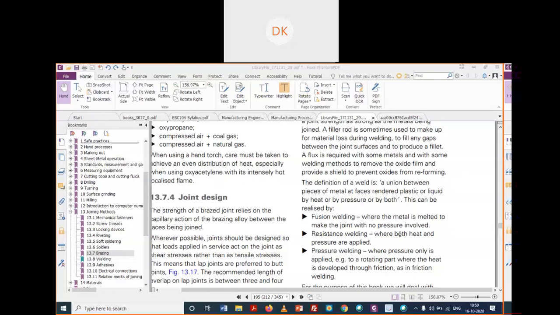Write it in the chat box. Yes or no? Anyone? Or you can just unmute yourself, and if you have not understood my question, then unmute yourself and ask me.